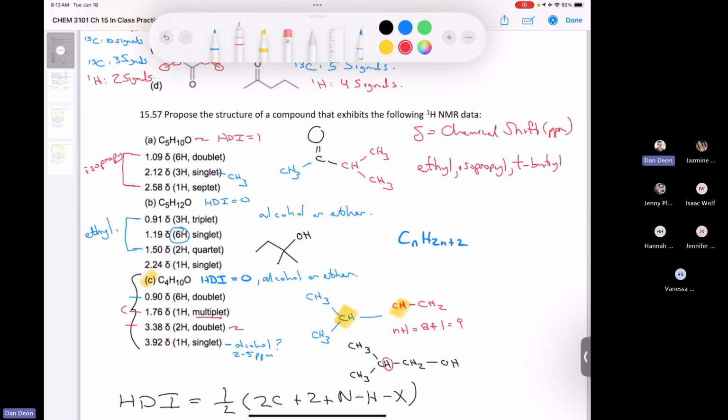So if we label these as A, B, C, and D, we'll practice our annotation. The A protons would be these ones here. The B proton would be this guy right here. The C proton would be this one, gives you the doublet, and then the alcohol proton would be the D proton, like that.